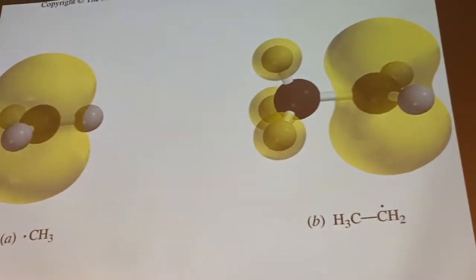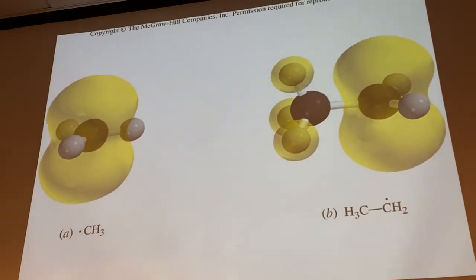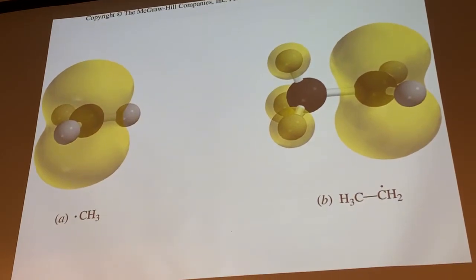And this figure here shows that. This is a figure from another textbook. And what we're seeing here is not charge. When we have our electrostatic potential maps, we use red for high electron density, blue for low electron density. What we're seeing here is known as spin density. Spin density is the term that we use to describe radical character, where that unpaired electron is located. And in the methyl radical, we have no way of delocalizing that unpaired electron.